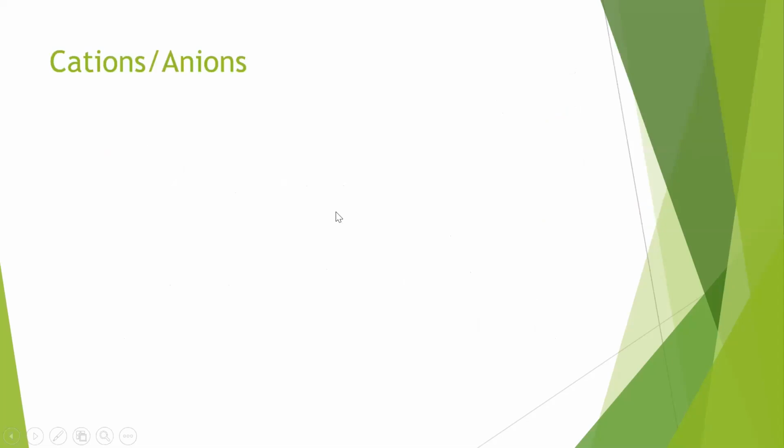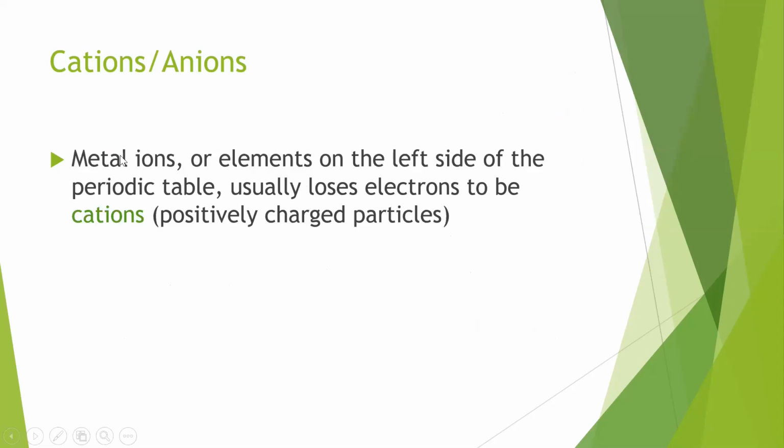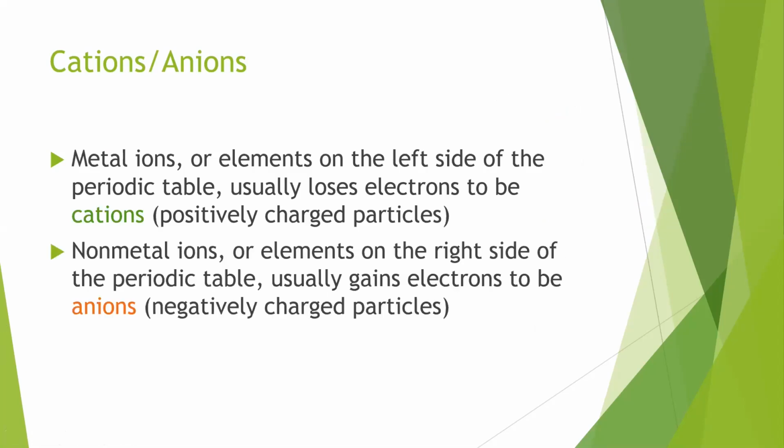So we're going to talk about something called cations and anions. Basically, metal ions or elements on the left side of the periodic table. I'll show you a picture of a periodic table and point out the metal ions on a future slide. Since they only have a few electrons in the outermost shell, they tend to easily lose electrons and become something called cations, which are positively charged particles.